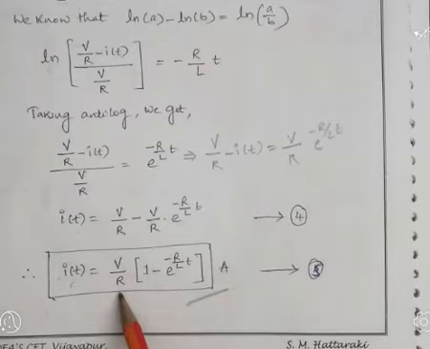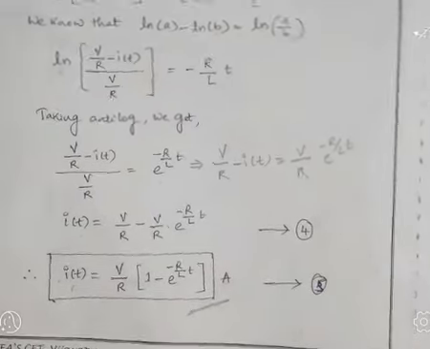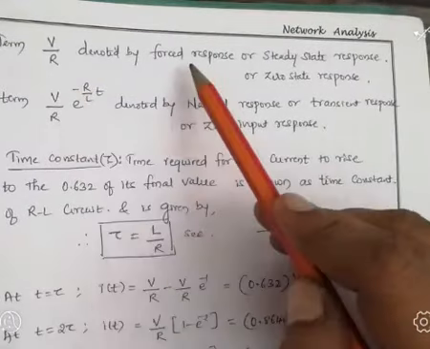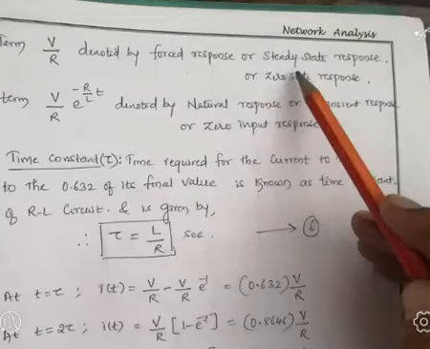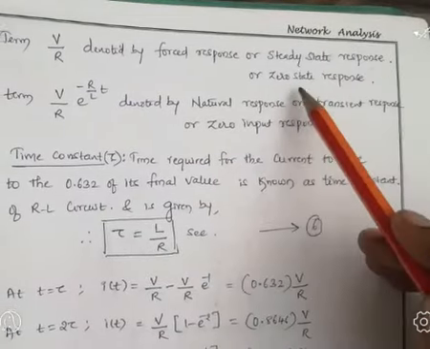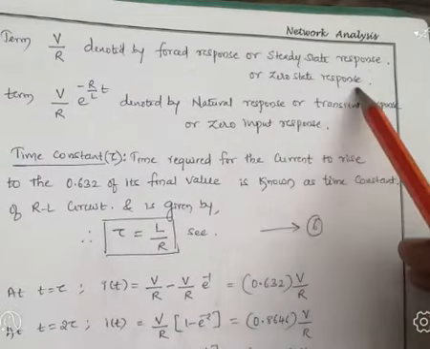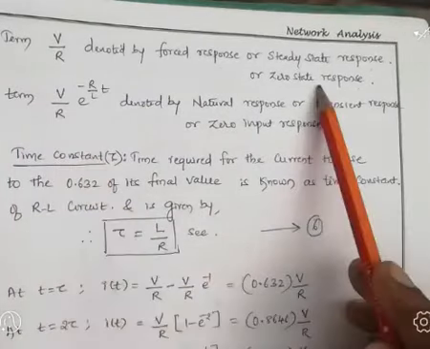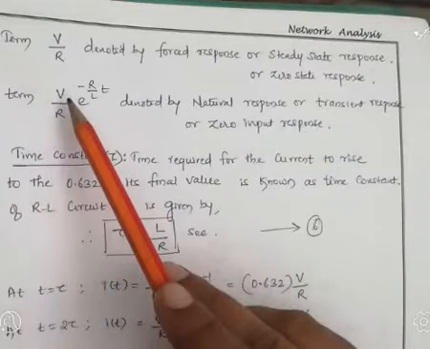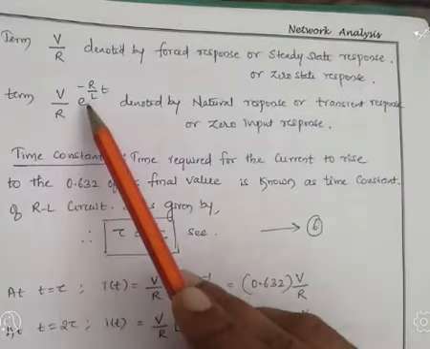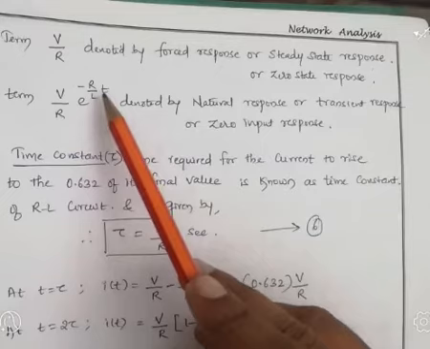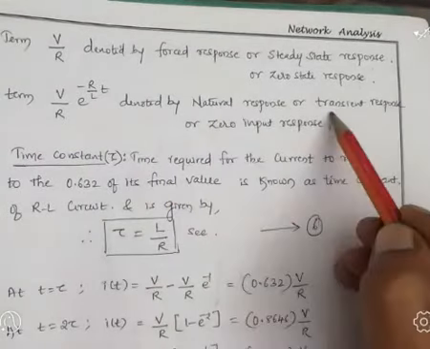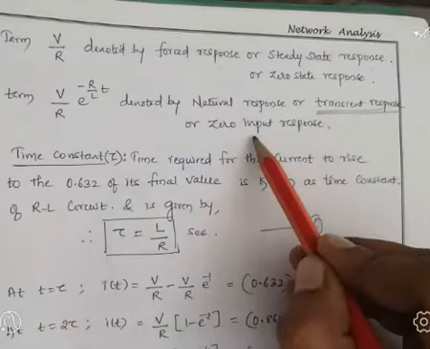The term V by R multiplied by e to the power minus R by L into t is indicated as the natural response, or transient response, or zero input response.